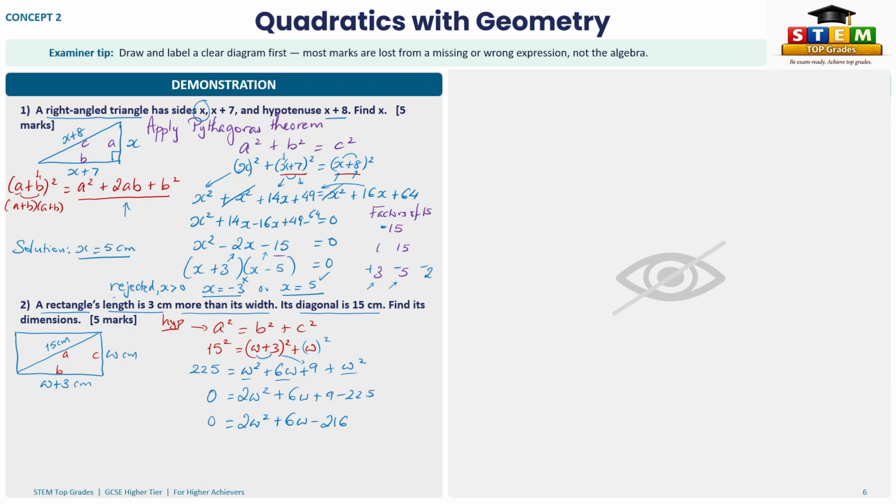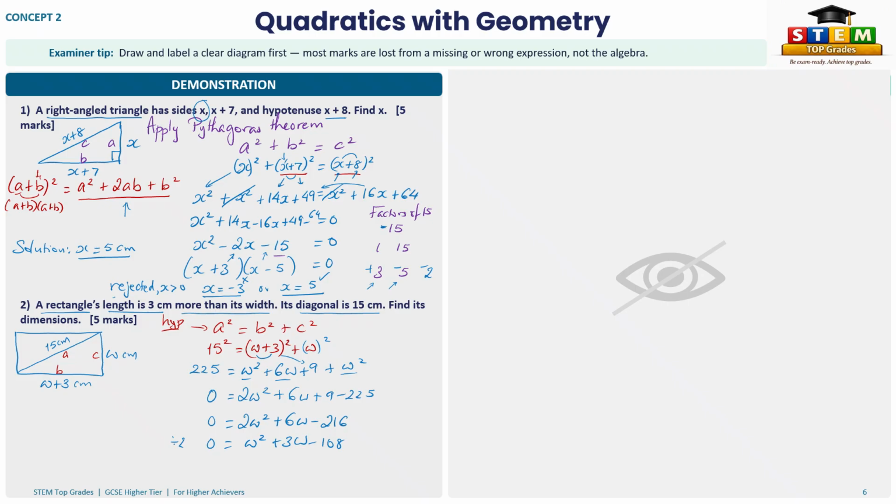And that's your quadratic. But you can simplify that by dividing by 2. You're going to get 0 equals W squared plus 3W, and then that's going to give me minus 108.